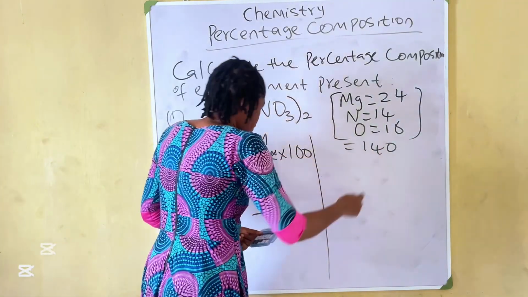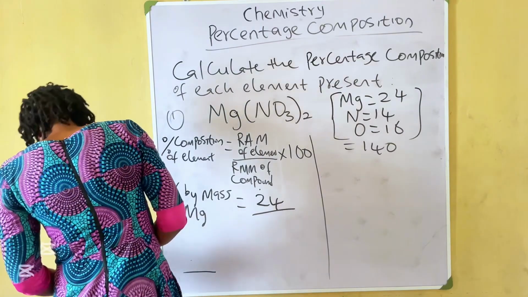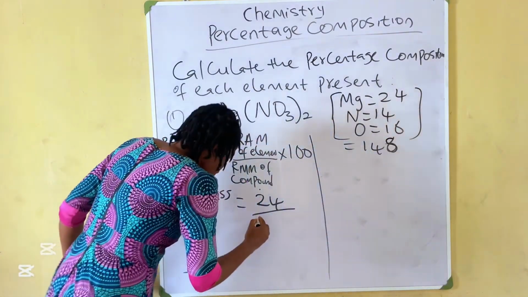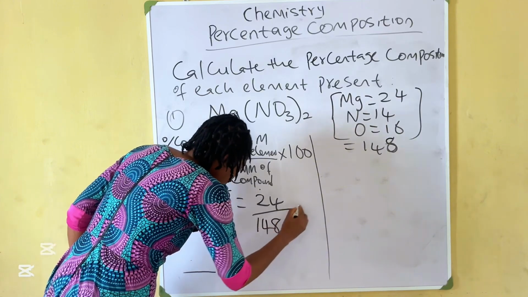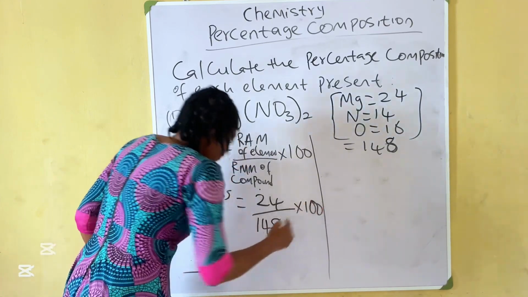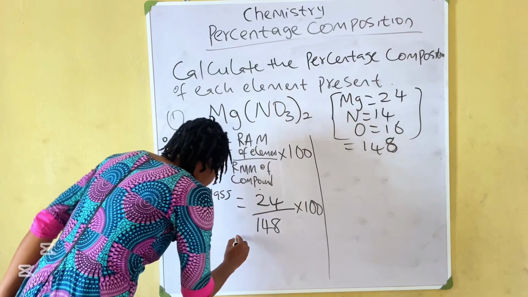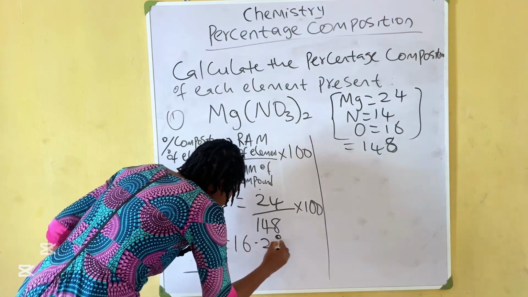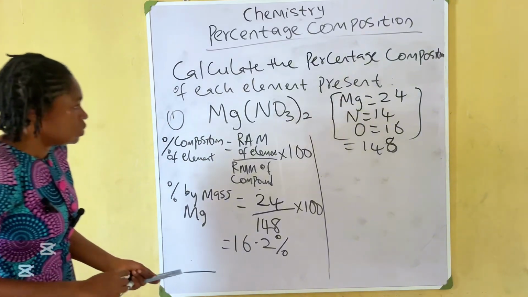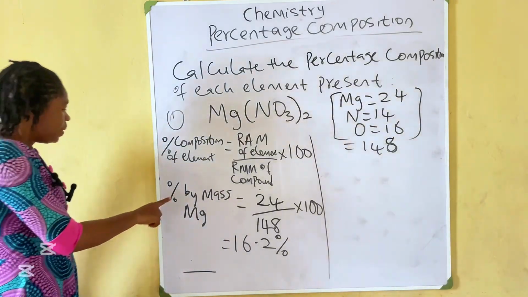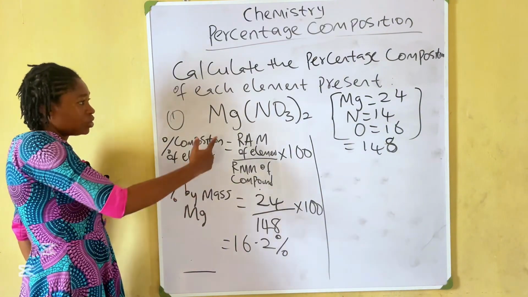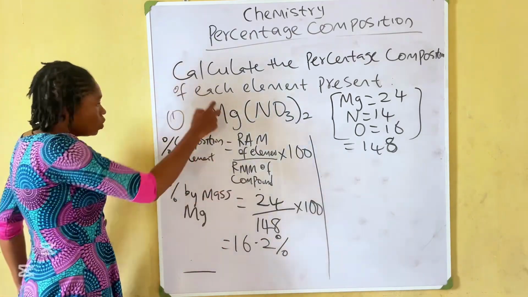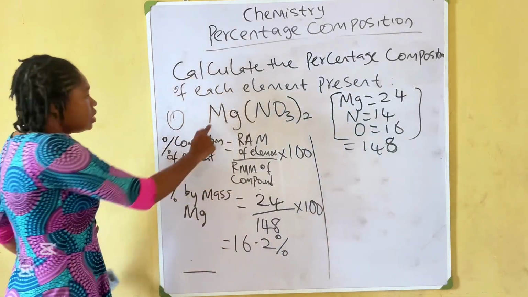It is 148, so 24 divided by 148 times 100. 16.2. Put your unit, percent. So the percentage by mass of magnesium in magnesium trioxonitrate(V) is 16.2%. So magnesium contributes only 16.2% in this compound.